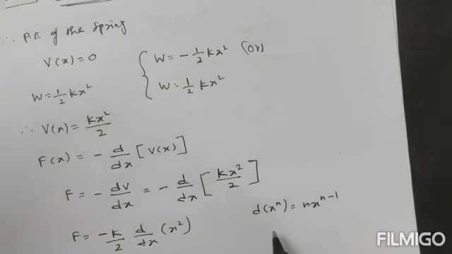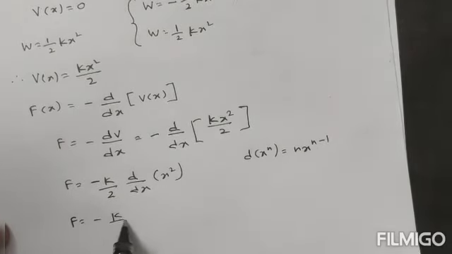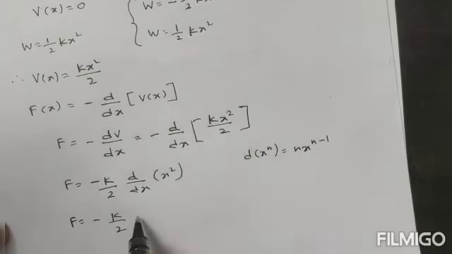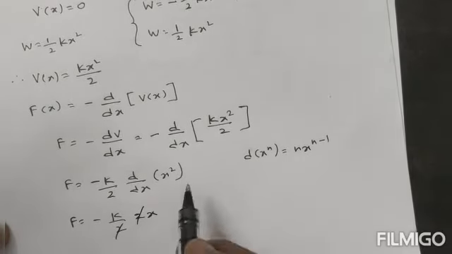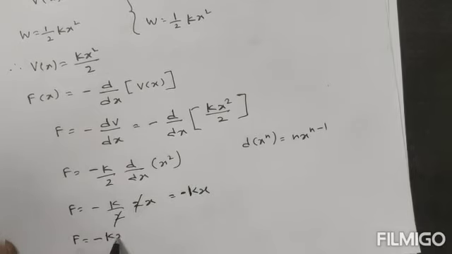According to this formula, f is equal to minus k by 2, here 2 into x power 2 minus 1, that is 2x, and the 2 will be cancelled. So finally I get f is equal to minus kx.